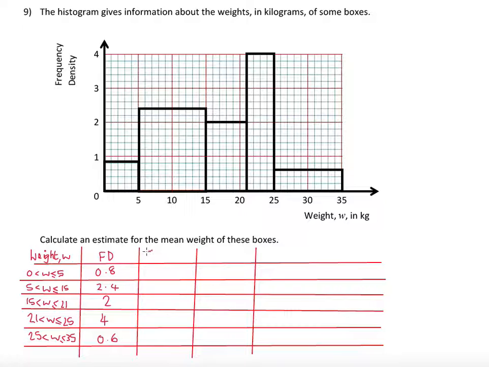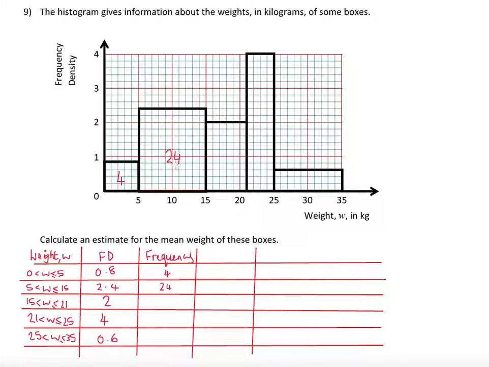Okay, now to work out the frequency, we times the frequency density by the class width. So 0.8 times 5 gives us 4. There's 4 boxes represented in this bar there. 2.4 times 10 gives us a frequency of 24.